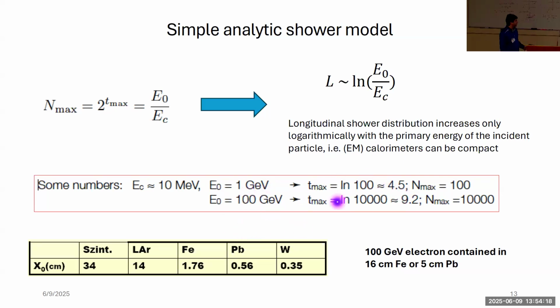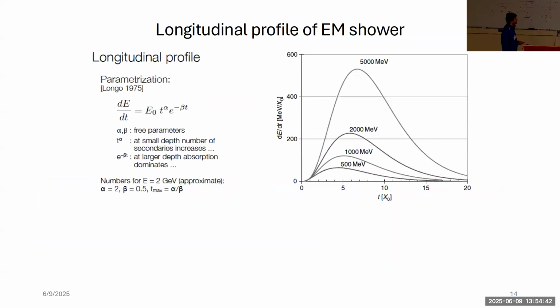For a 100 GeV particle, you can contain it in about 9 radiation lengths. So a 100 GeV particle can be contained in about 15 to 16 centimeters of iron or 5 centimeters of lead. Okay, so you can make these fairly compact.